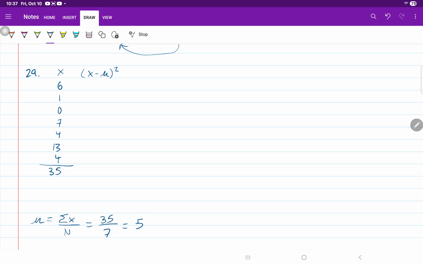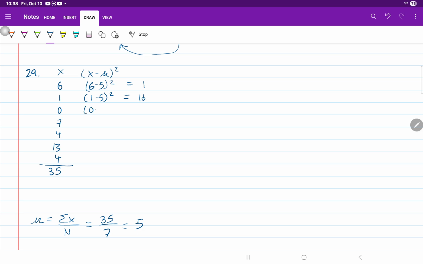We'll do the whole operation in one fell swoop, but I will write them out for you. So that's 6 minus 5 squared equals 1. And then 1 minus 5 squared. 1 minus 5 is negative 4. Square that, we get 16.